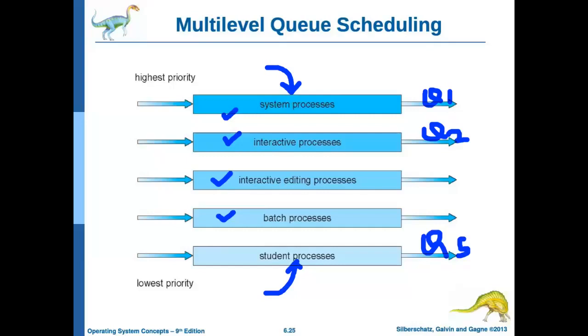We know that we have the FCFS algorithm, then SJF, then SRTF, then priority. I'm just mentioning the names of the algorithms. Then we have round robin. For system processes, which of these algorithms is good?